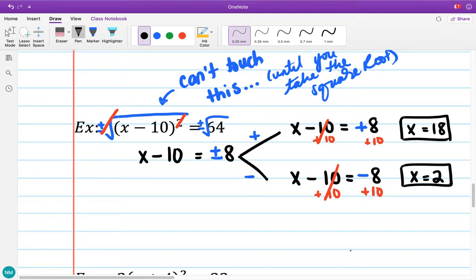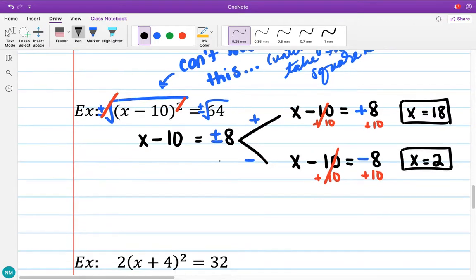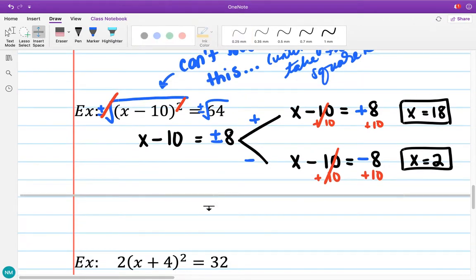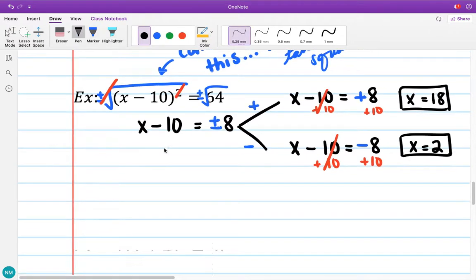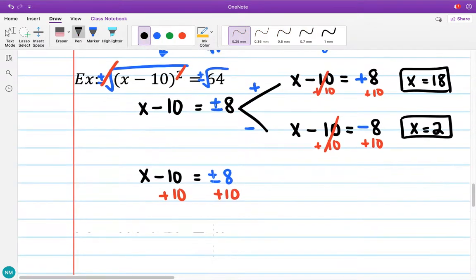There's your two x-intercepts. The other way to go about this is, so if I have, same concept, x minus 10 equals plus or minus 8, I can add the 10 first. You see how we added the 10 here after? We can add the 10 first and then split. Either way, you either split, add the 10, or add the 10, split.